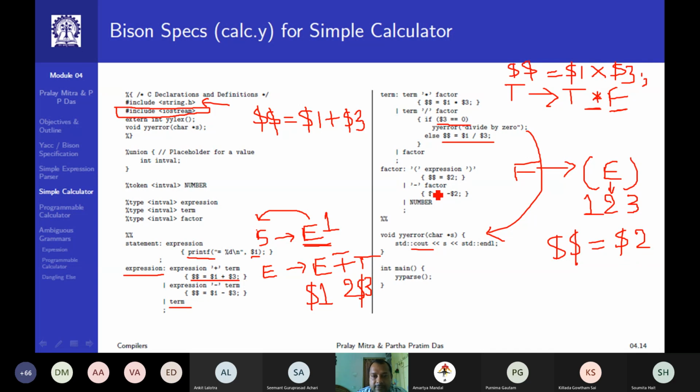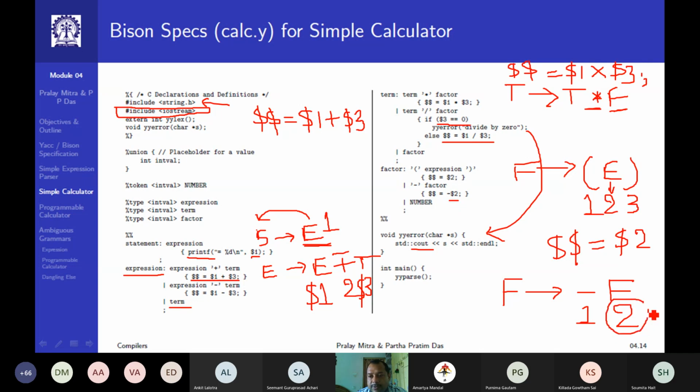When it is the unary minus, then my production is F derives minus F. That is what is written here. Now this is my $1 and this is my $2. So the action is $$ equals to minus $2.